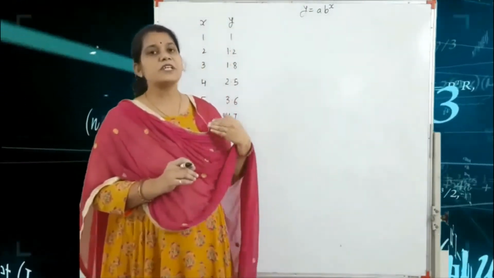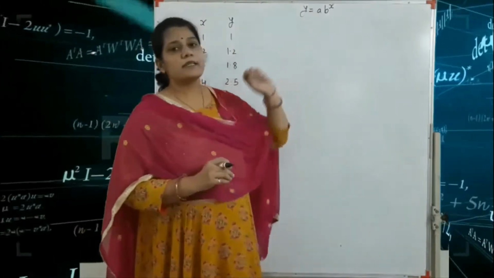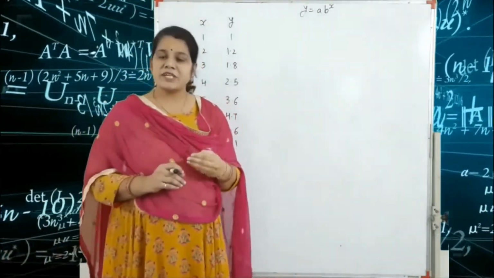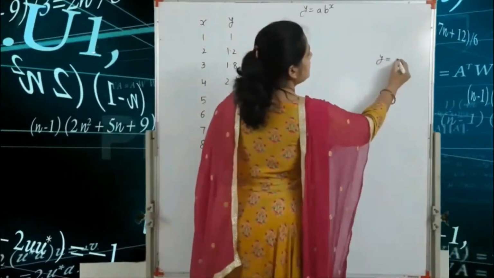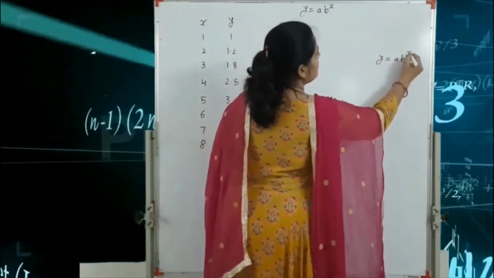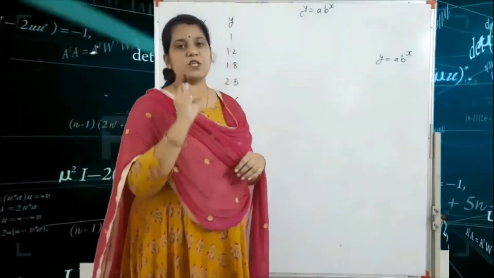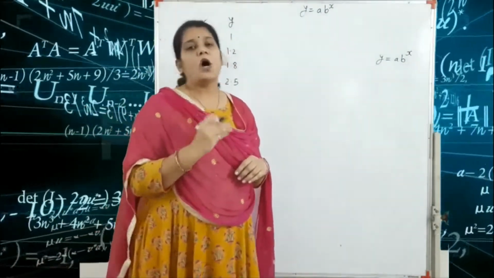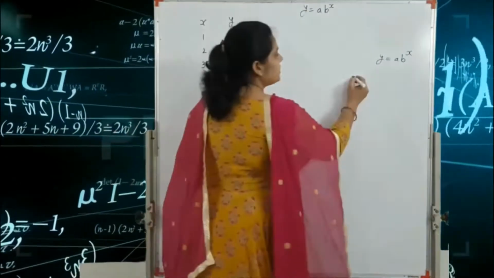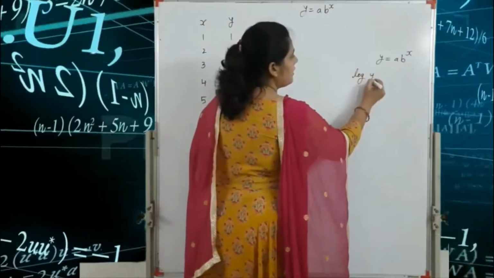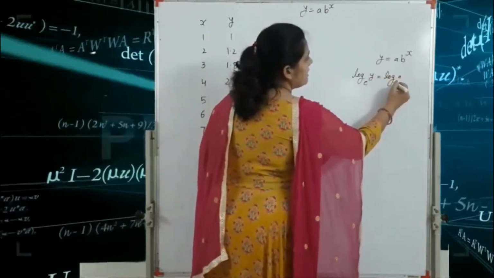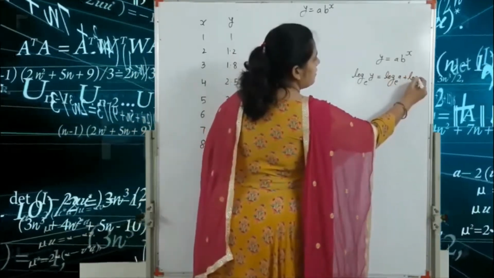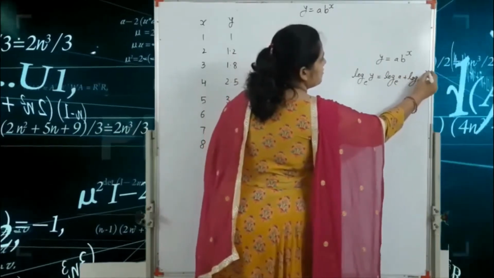So first we convert this logarithm curve into the straight line equation. So here y is equal to a b raised to the power x. So first we take the logarithm on both sides. So we write here log y base e is equal to log a base e plus log base e b raised to the power x.